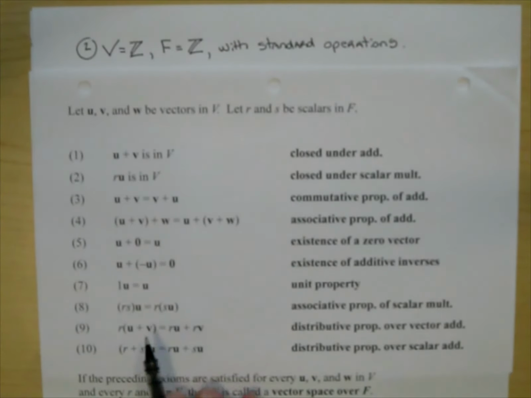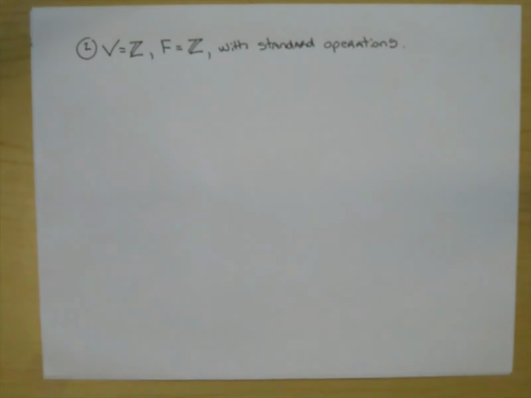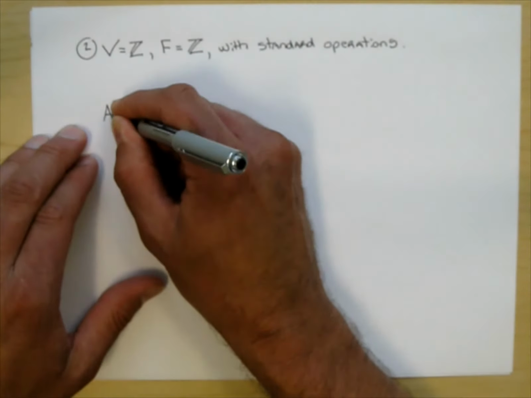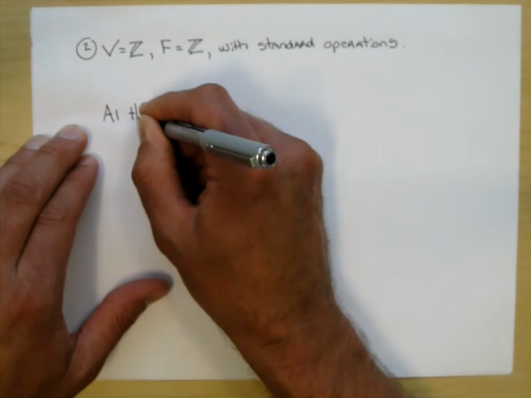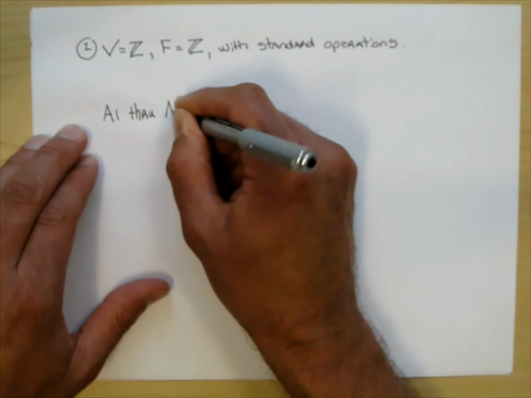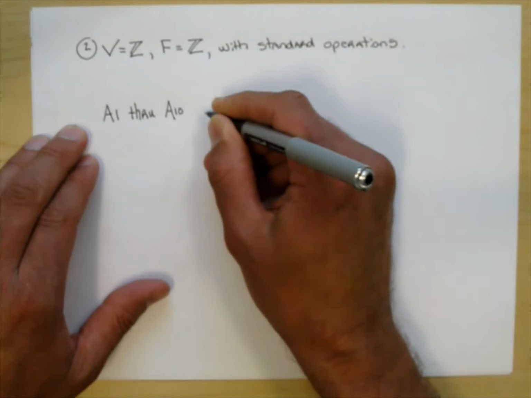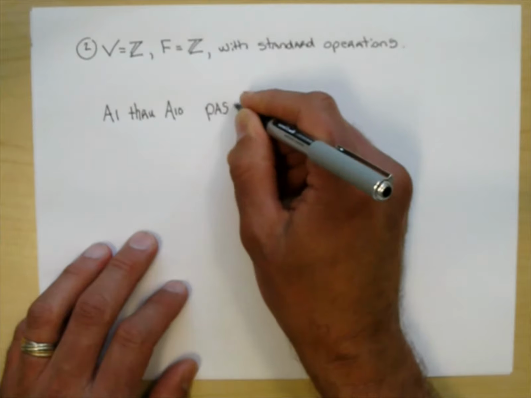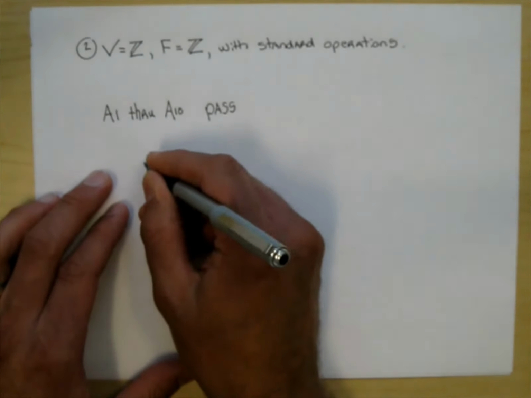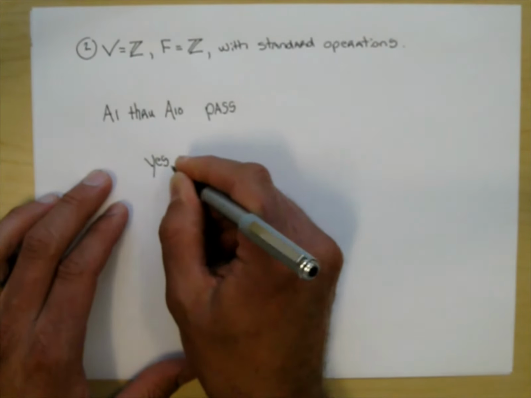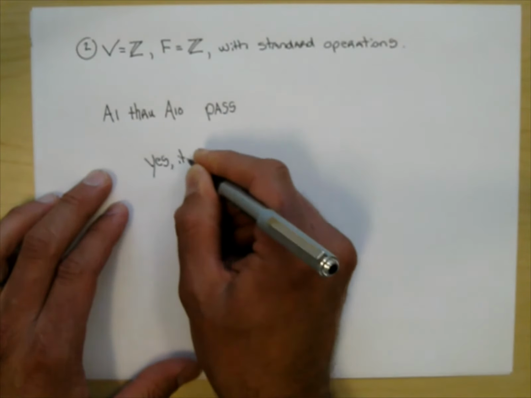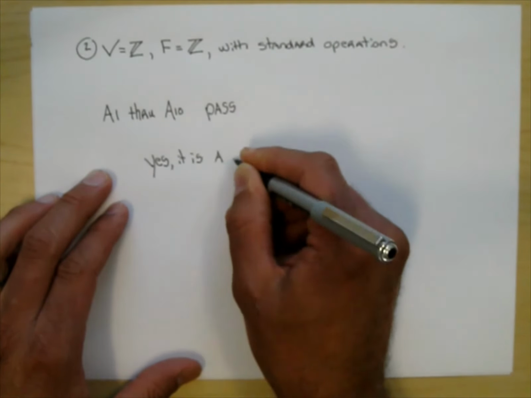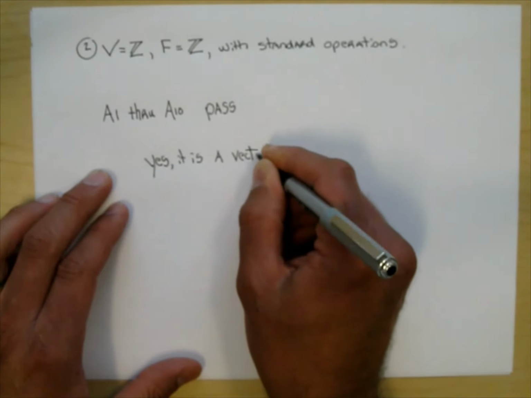And so that's going to work. You can verify that these will work. We end up getting, for axioms 1 through 10, a pass. Those all pass. Therefore, the answer is yes. It is a vector space.